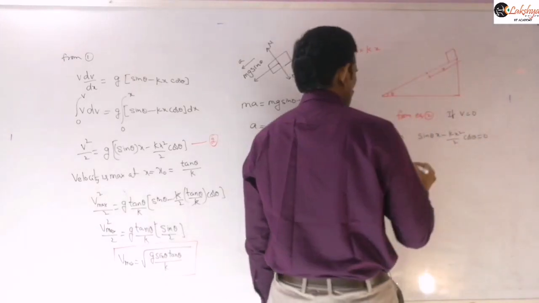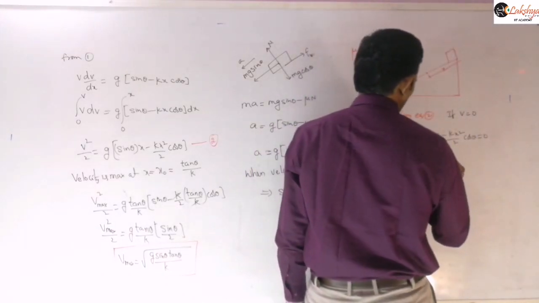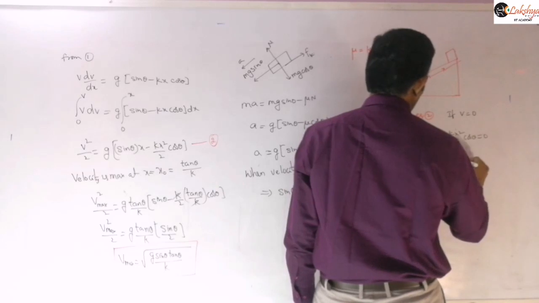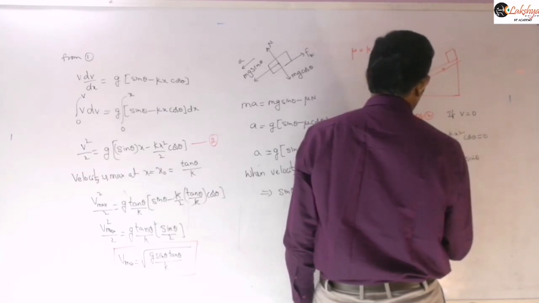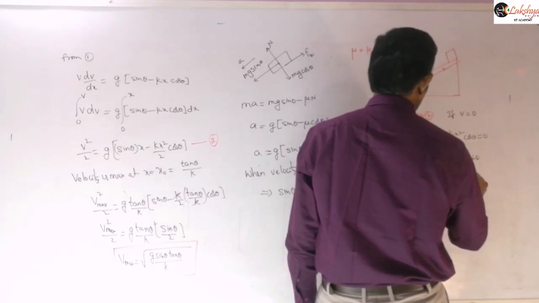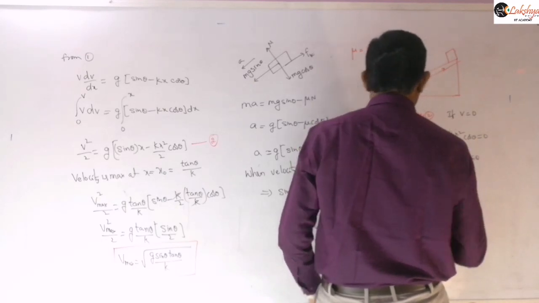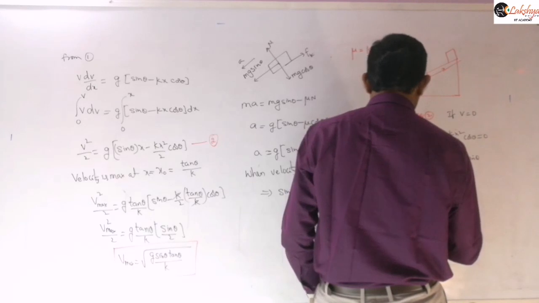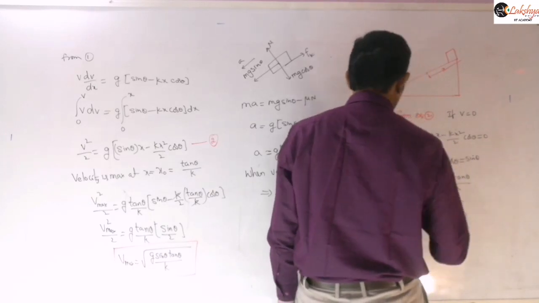And so one x also we can cancel there, kx by 2 cos theta is equal to sin theta, or x is equal to 2 tan theta by k, which is twice that of this x naught value here.